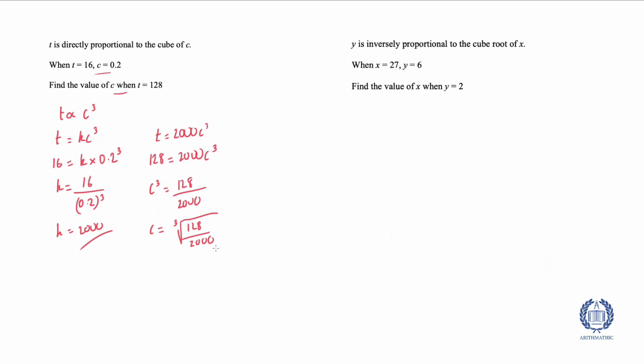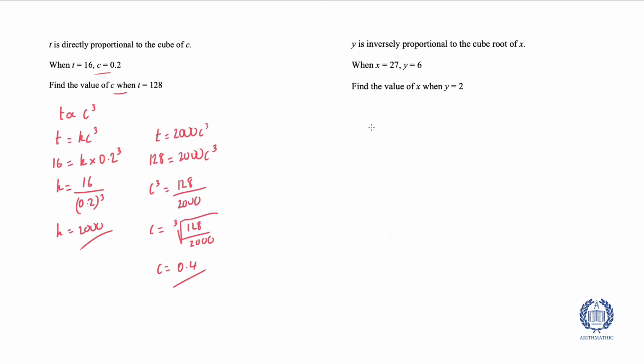So let me just quickly do that. It's 128 divided by 2000, and if I press shift, where's that cube root? So your answer should have been 0.4. So you should have got 0.4 as your answer for C. If you got that, well done. If not, hopefully you can understand what cube of C means now.